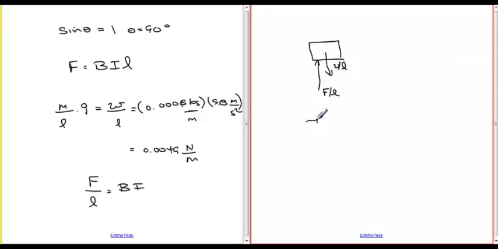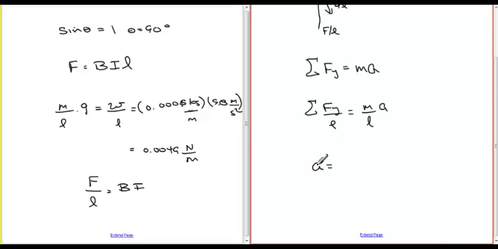Newton's second law says the summation of the forces in the y direction equals the mass times the acceleration. If we divide by the length, the sum of the forces in the y direction per unit length is equal to the mass per unit length times the acceleration. I have the mass per unit length, so what we're looking for is the acceleration.